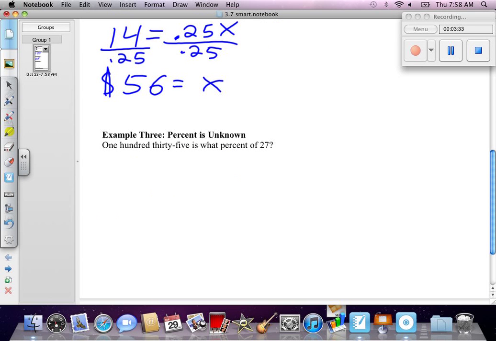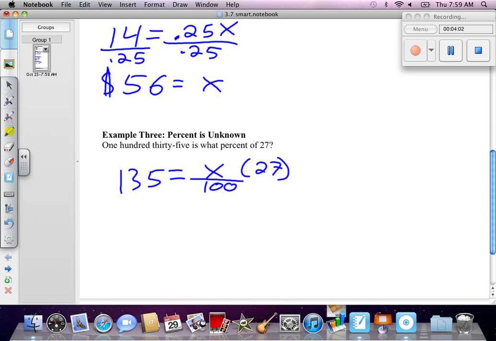Example 3. 135 is what percent of 27? So we have 135 equals what? We don't know. What means unknown. What percent of 27? Now it says that x is a percentage. So I can't just put x. I'm going to put x over 100. Okay? Because that's going to give us the percentage.